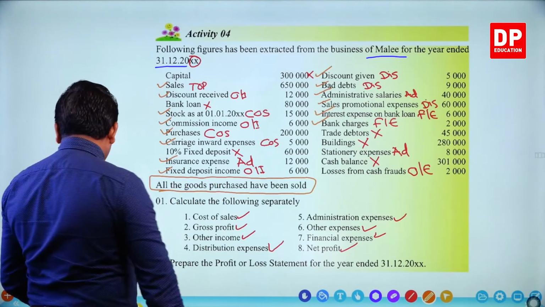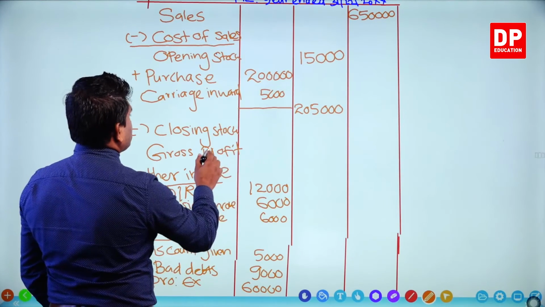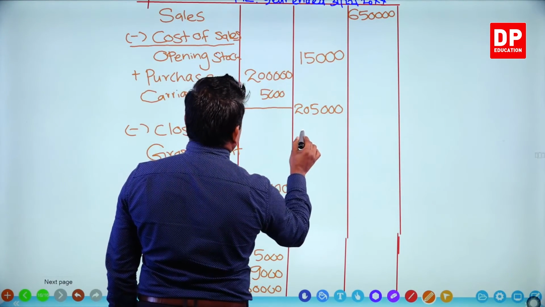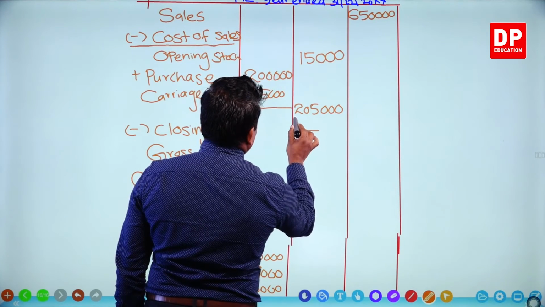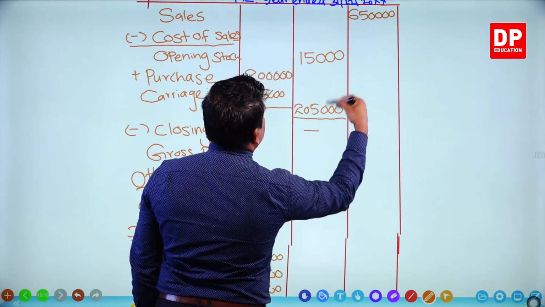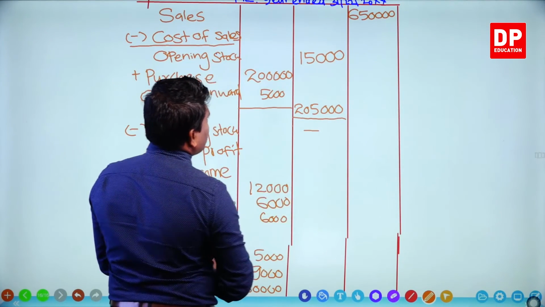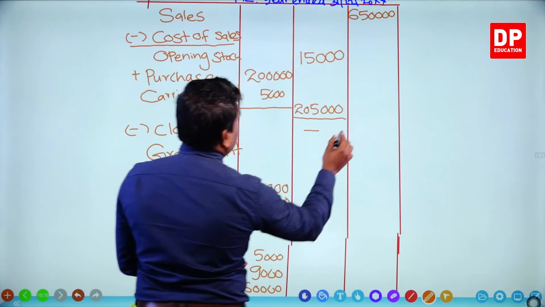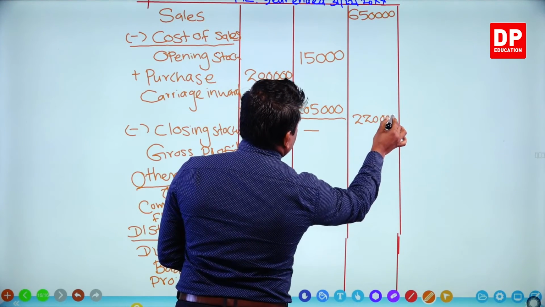Then you can draw a line here, and you get the total directly in the third column. 205,000 plus 15,000, the total is 220,000. It is the cost of sales, right?